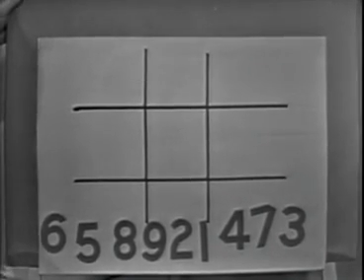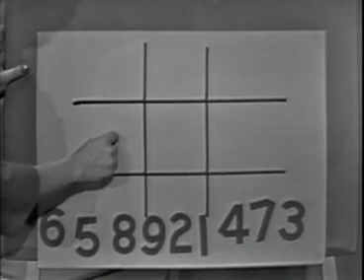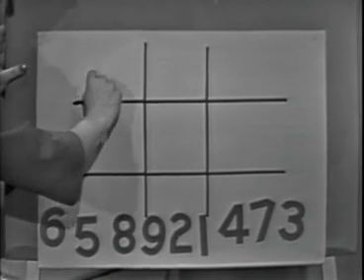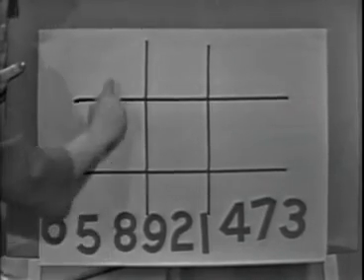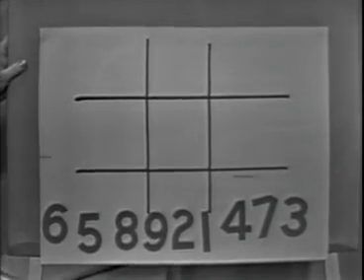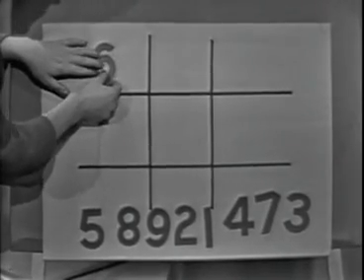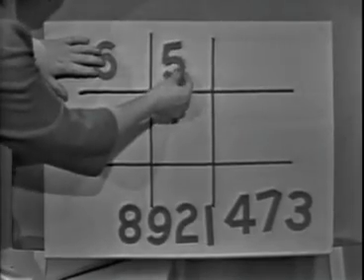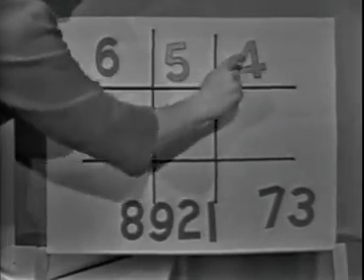Another kind of problem is suggested by the numerals that we have here, 1 through 9, and the idea that we wish to arrange these, one in a cell, so that the sum of the numbers in each row, each column, and each diagonal is 15. We could start out by placing a 6 here, a 5, a 4, one sum 15.